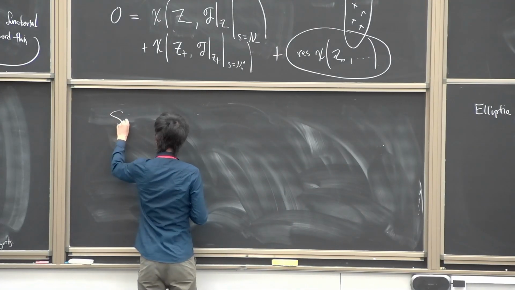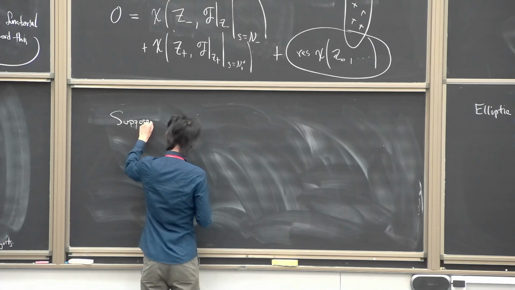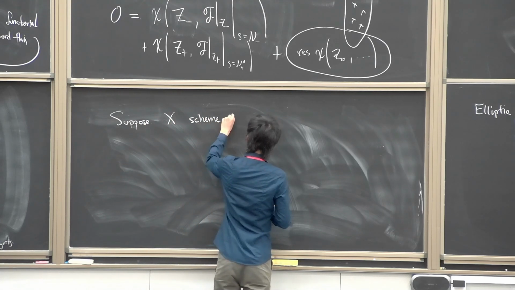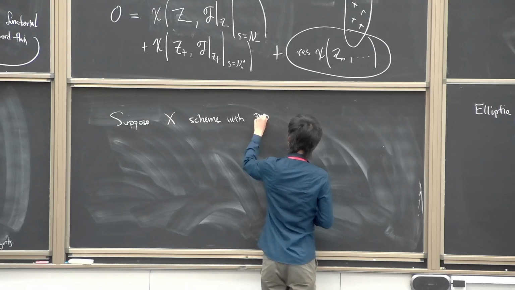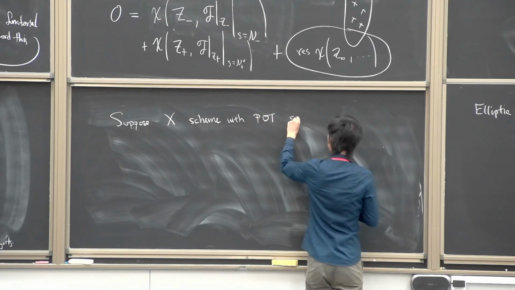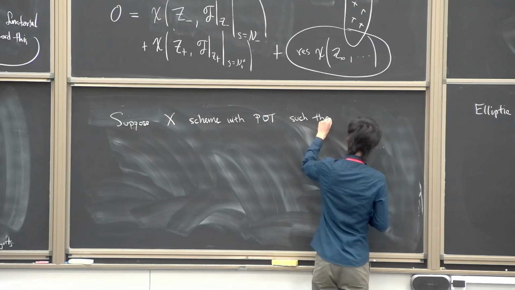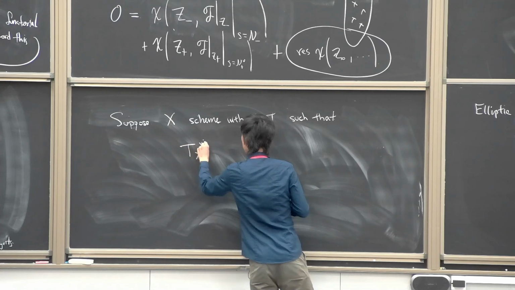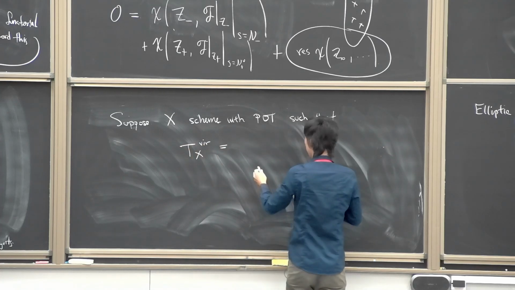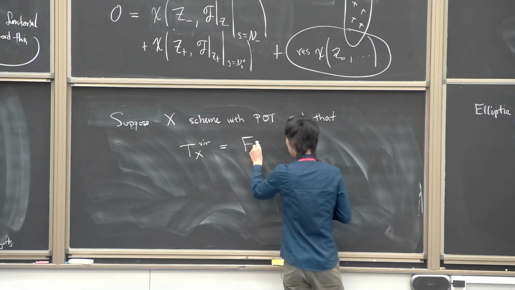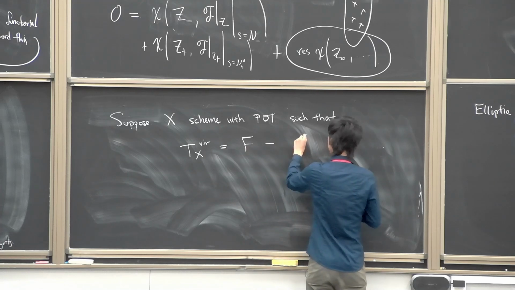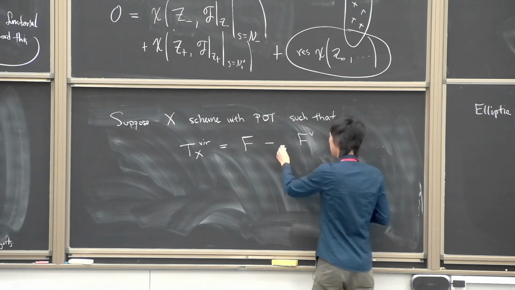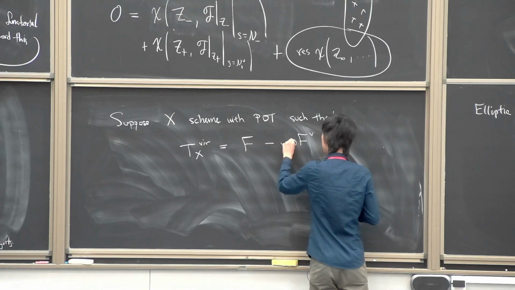So suppose X is a scheme with perfect obstruction theory such that the virtual tangent bundle has some very symmetric form. It looks like some coherent sheaf F minus the dual of the same coherent sheaf F, maybe up to some twist by some equivariant weight, which we'll call Y.